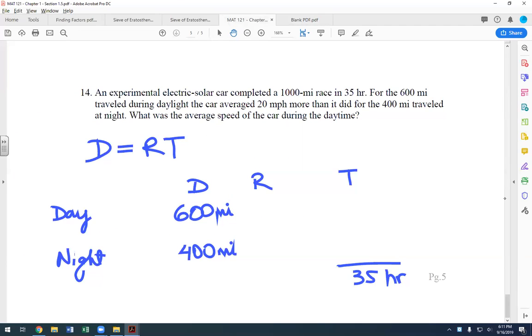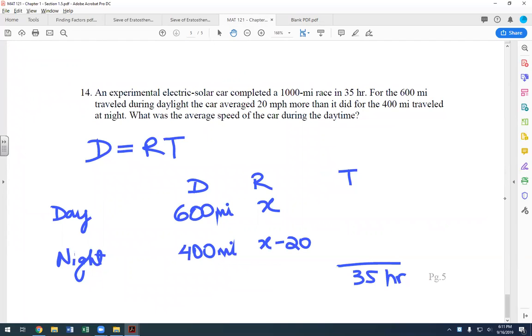But if you were using X for nighttime, then we know you're going 20 miles faster during the daytime, so we would add the 20 in the daytime hours. But like I said, I prefer using the unknown for the direct quantity that they want us to find, which means if I am driving at a speed of X, which is going to be 20 miles faster in the daytime, nighttime will then become X minus 20, because you'll be slower.